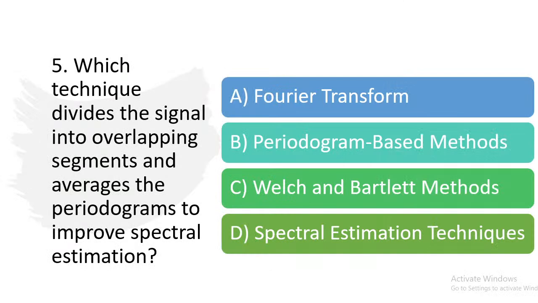Which technique divides the signal into overlapping segments and averages the periodograms to improve spectral estimation? Fourier transform, periodogram-based methods, Welch and Bartlett methods, spectral estimation techniques. Time starts now.